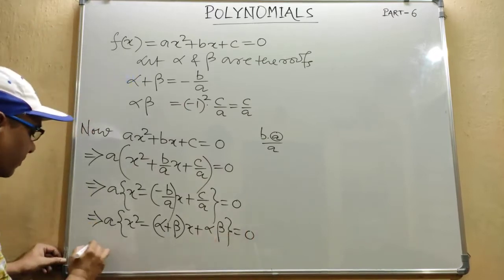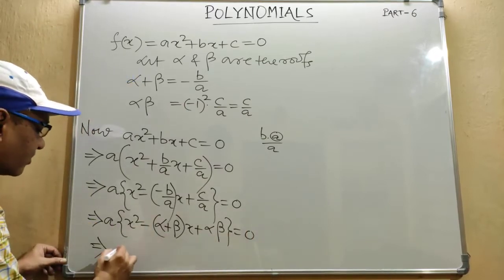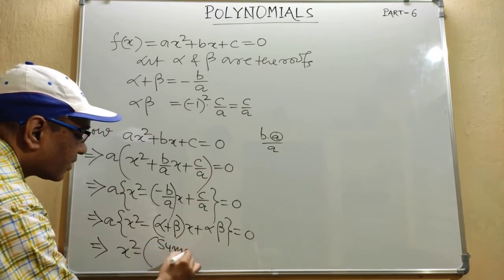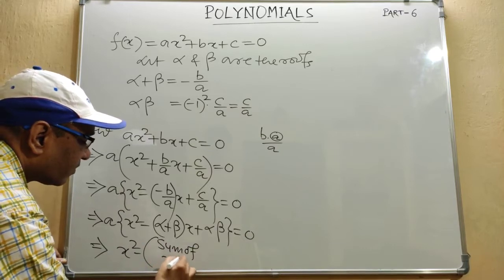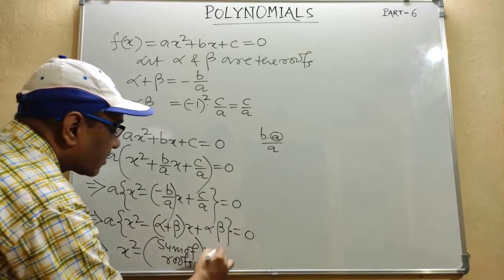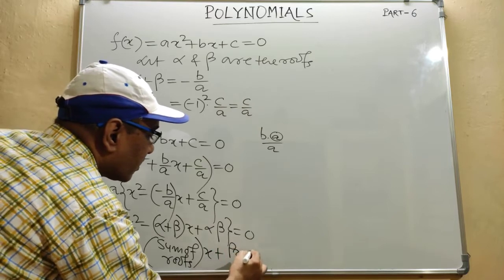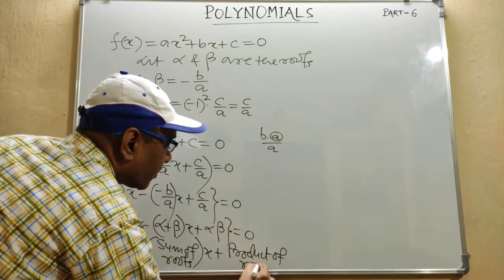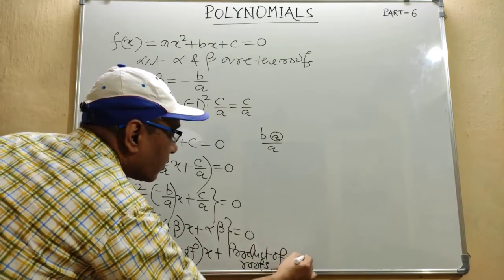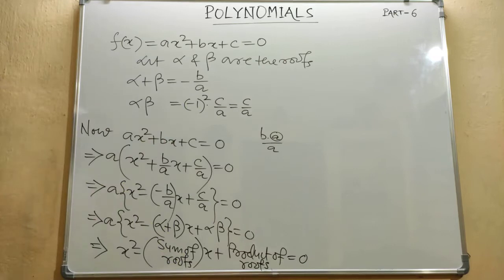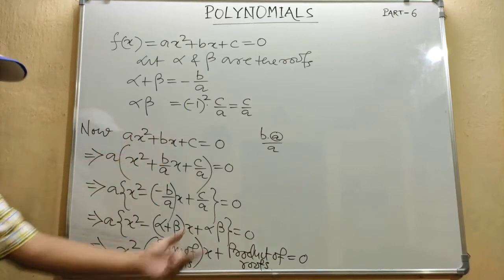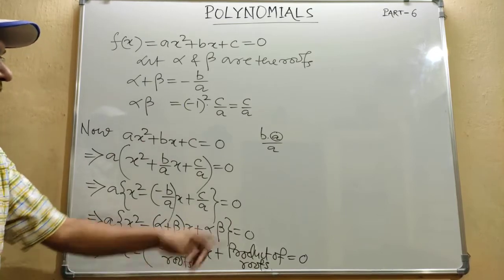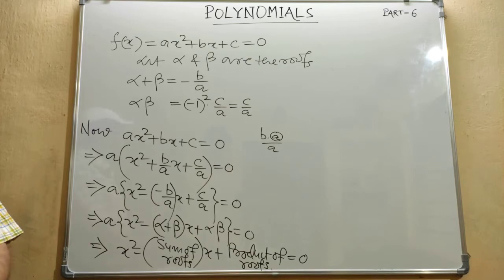So we are getting a, which will go to that side and become 0. x² minus what is it? Sum of roots into x plus what is this? Product of roots equal to 0. A quadratic equation can be written as x² minus sum of roots into x plus product of roots equal to 0.